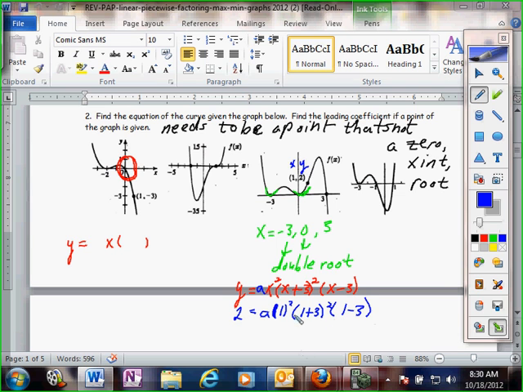Then I'm just simplifying a very simple equation here, and I'm going to solve for a. So I have 2 equals a times, and I'm going to use little dots for multiplication. 1 squared is 1 times 1 plus 3 is 4, 4 squared is 16, times 1 minus 3 is negative 2.